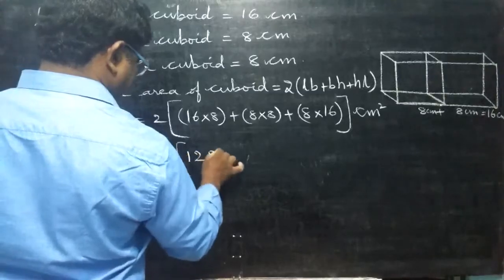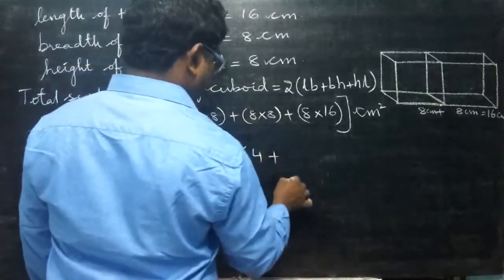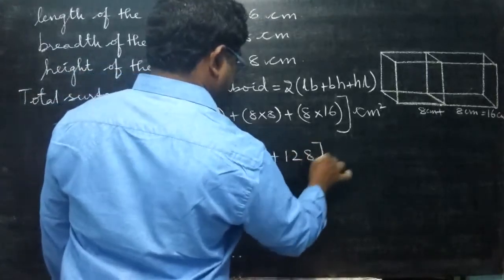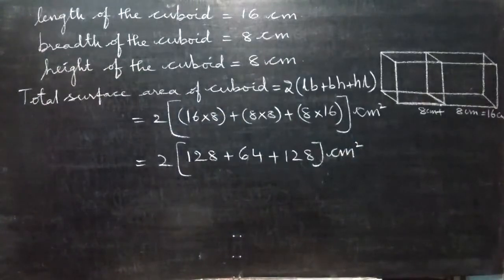So 128 plus 8 8s are 64. Again 128 centimeter square. Don't forget to write that word centimeter square.